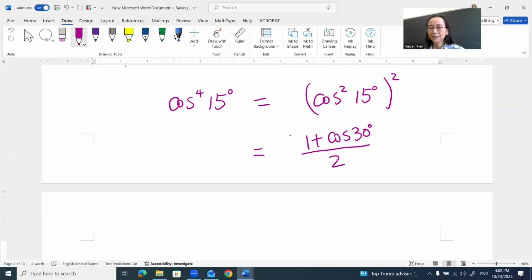With that, if you square again, of course, if you want to substitute the cosine 30, you already know it is a value. This cosine 30 degree is a special angle, so you can already evaluate this number.